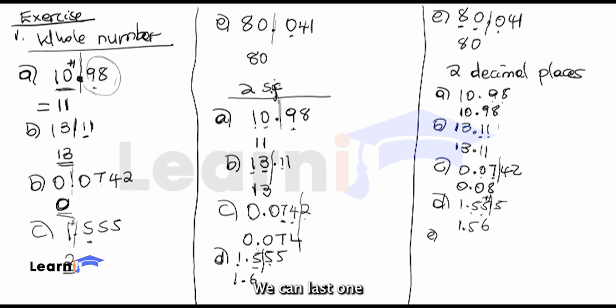We can do the last one, which is 80.041. The first decimal place is 0, the second is 4. So we can just put our line here, and then 1 is less than 5, so we do not add anything, meaning our answer will remain as 80.04.